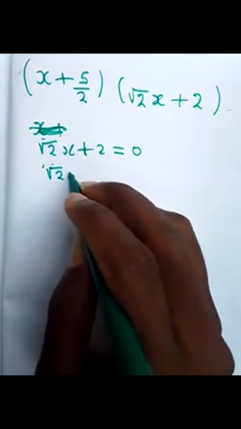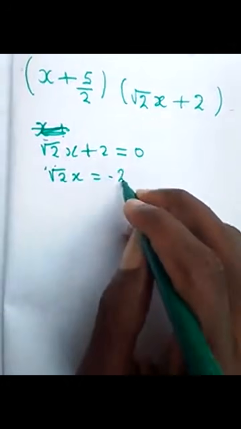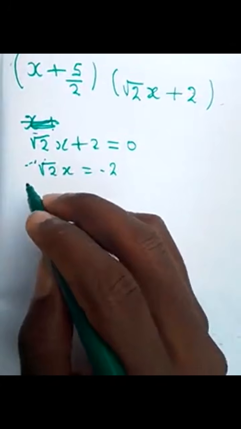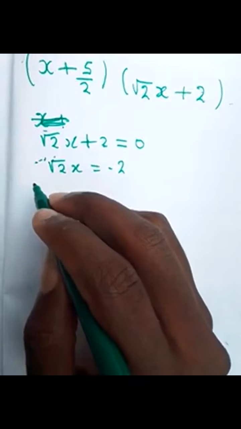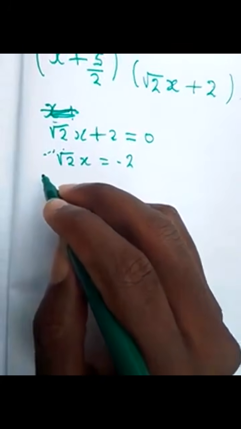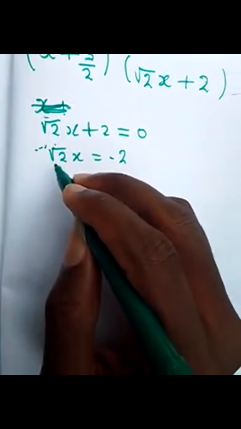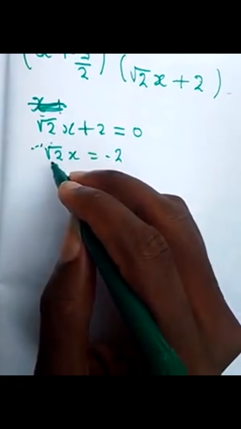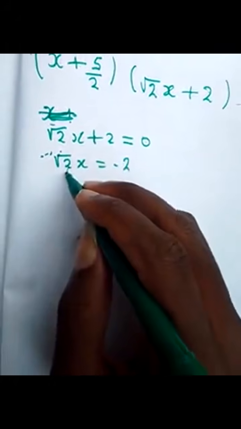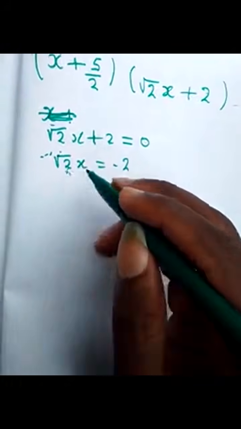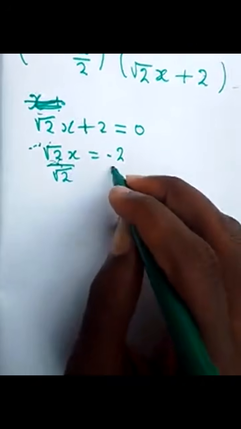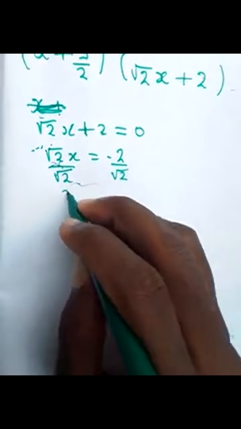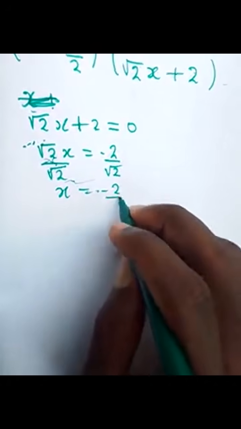Square root of 2 x is equal to negative 2. So I need to solve for x. What I'm going to do is divide by square root of 2, so x is equal to negative 2 over square root of 2.